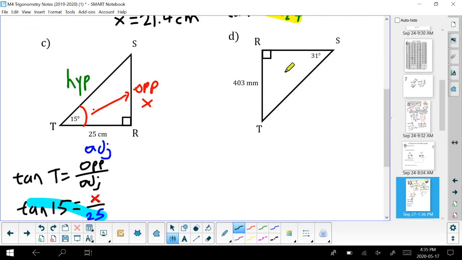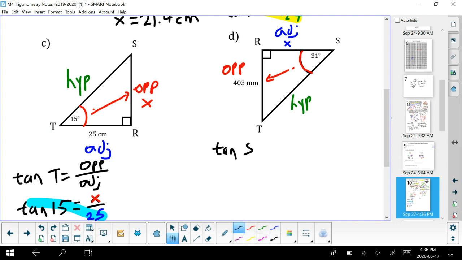Last one here on this page, we're going to look for that side length there. So let's start off with our reference angle, which is the 31 degrees. Directly across is my opposite side. My hypotenuse is here. And my adjacent side, let's call that x. Let's start with our formula.